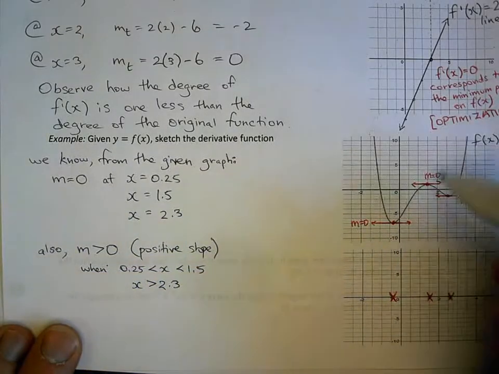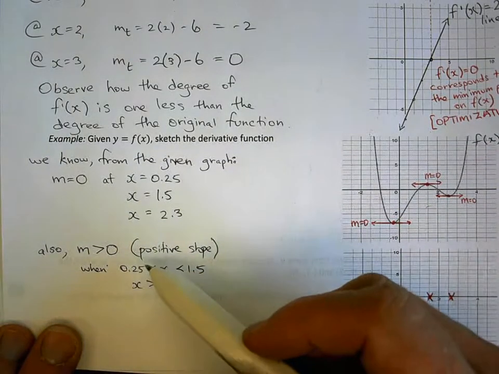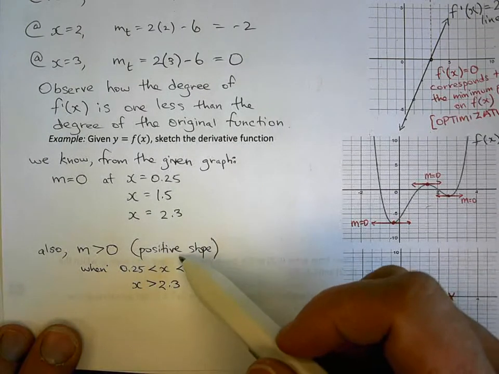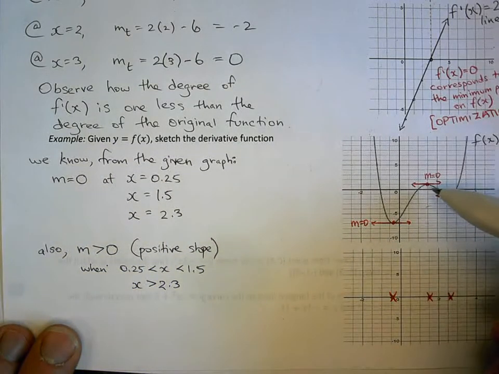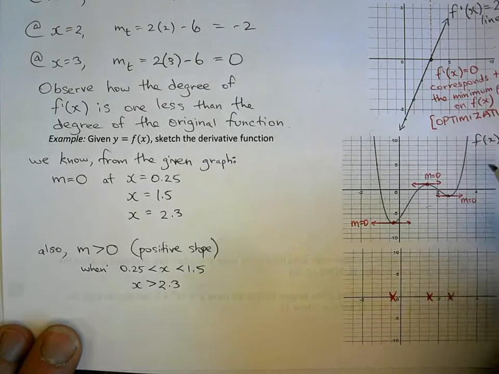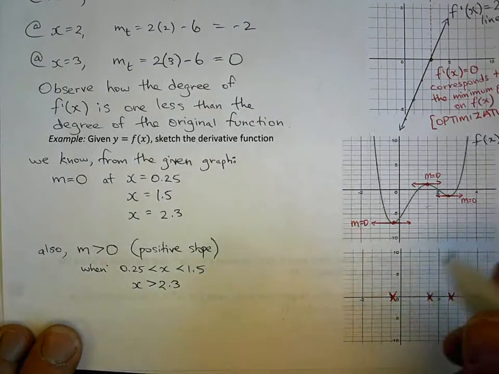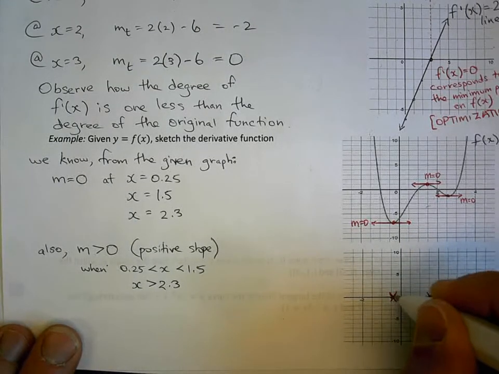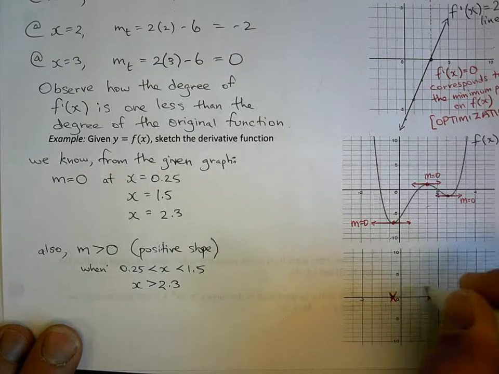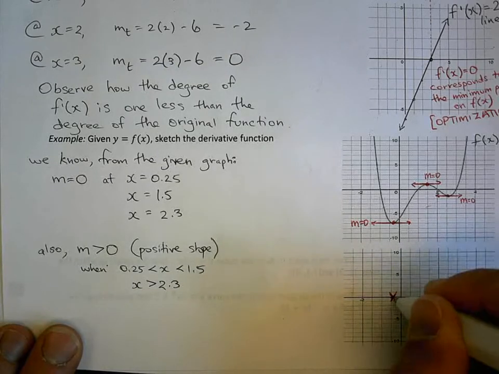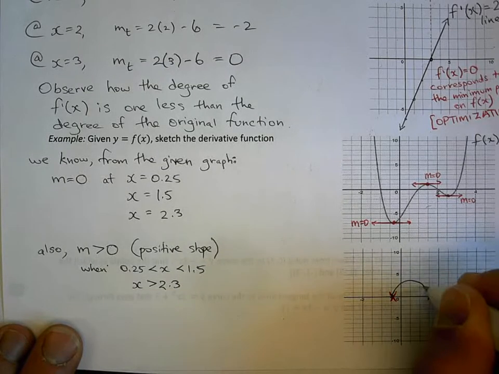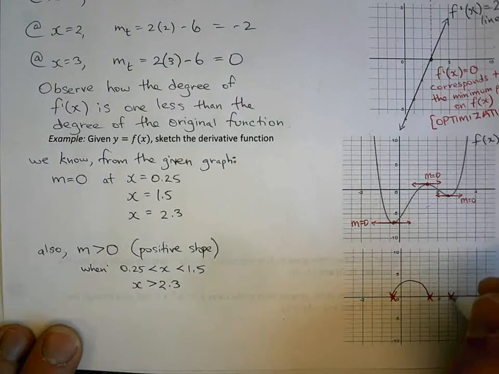During those times, the slope is positive, and therefore the derivative has to be positive. So if you think about it, in this region, I have to cross this point and this point, but I have to be positive. I don't know what the exact y value is, but if I sketch this, it has to be positive. Similarly, this has to be positive.